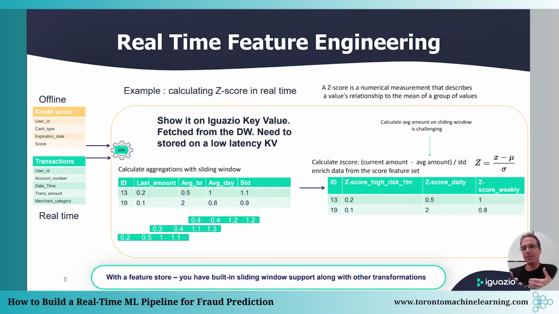So if you think about calculating z-score, which is very popular in those types of use cases, you need to take the current value, let's say the transaction amount, minus the average amount in the last 5 minutes, the last hour, or whatever window that you want to work with, and then divide it by the standard deviation. And those are sliding windows, and those are moving along the time.